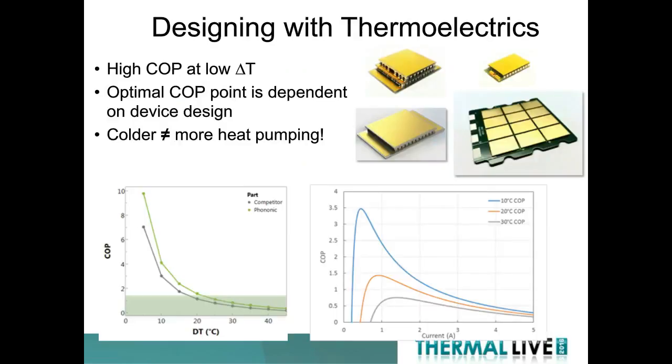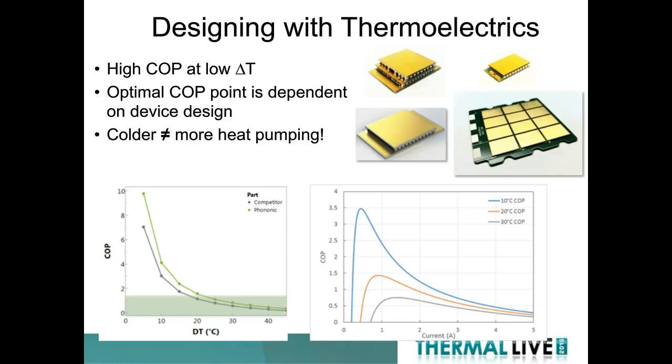Yes. So thermoelectric devices are heat pumps like we talked about in the previous two slides, and efficiency is denoted by the standard COP, coefficient of performance, terminology for heat pumps.